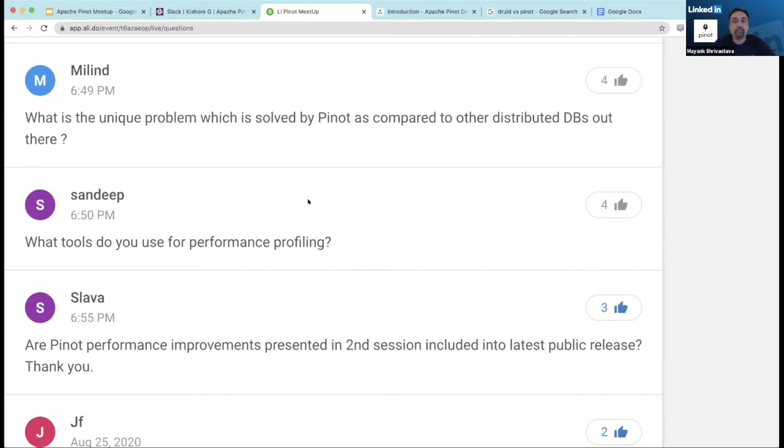But what's very unique about Pinot is that between these two ends of the spectrum and anything else, Pinot actually covers the entire spectrum. You can power dashboards which have highly dimensional data and complex queries on the one hand, to the other extreme where you can have real-time analytics at member scale.